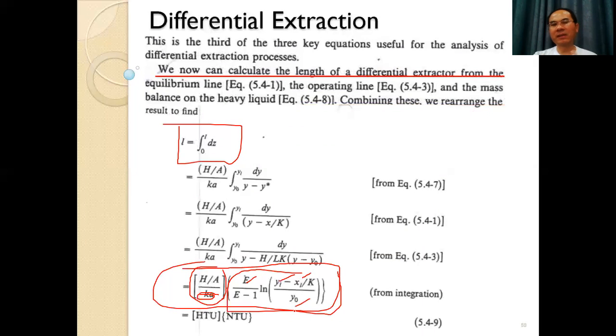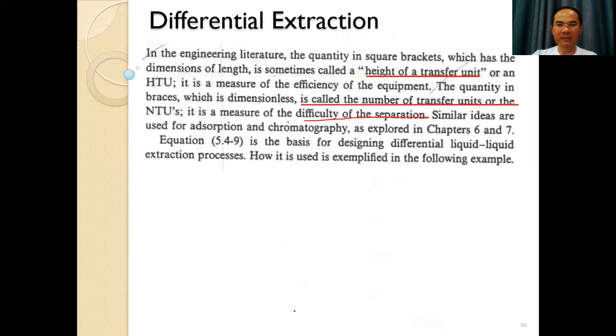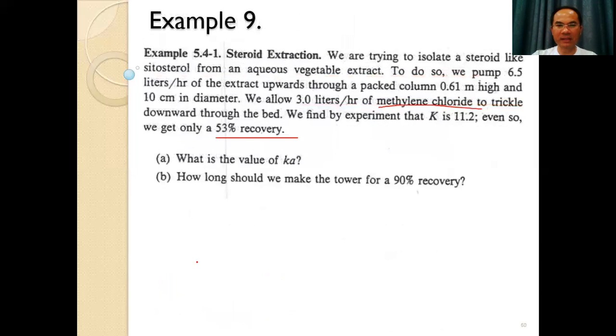If you would like to recover 90%, 40%, 30%, Ka is also constant for this case. Okay, you use the information from the problem statement to determine Ka, and then you use Ka and other information to calculate the length that we would like to achieve 90% recovery.